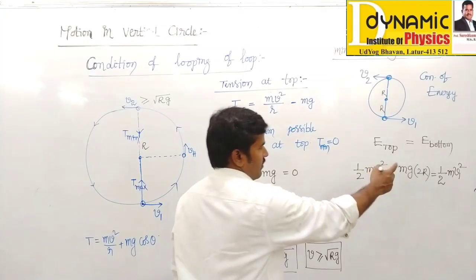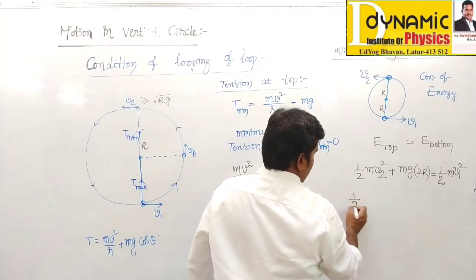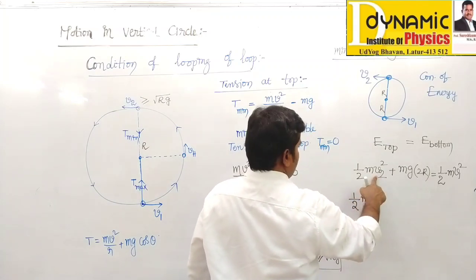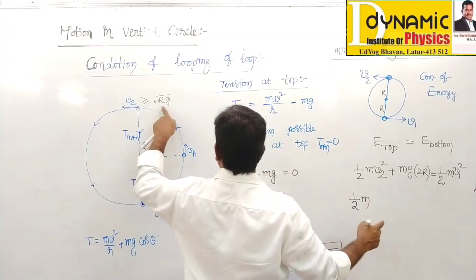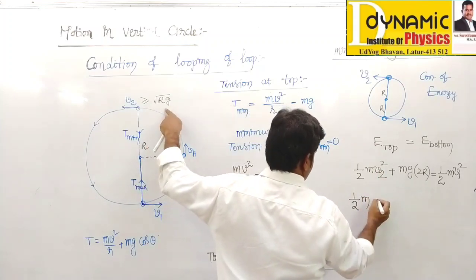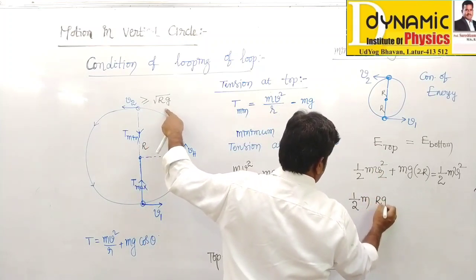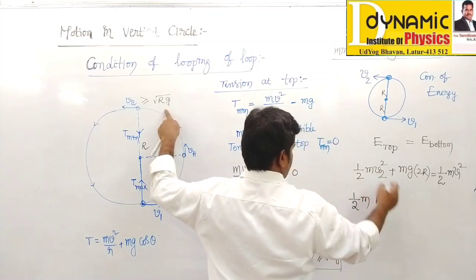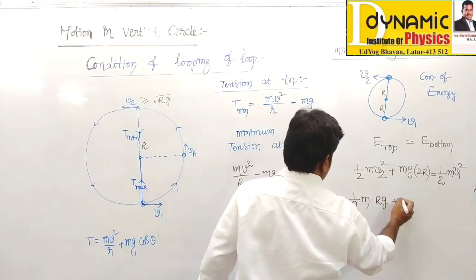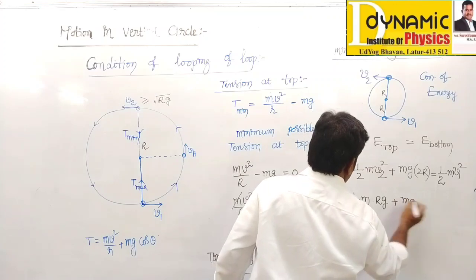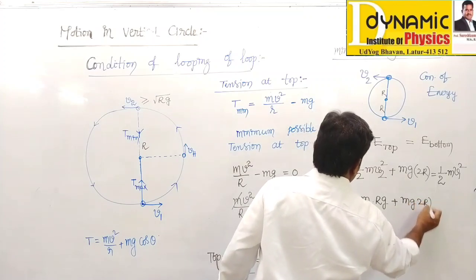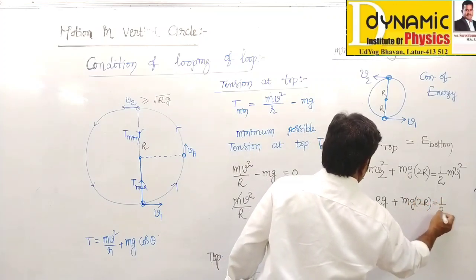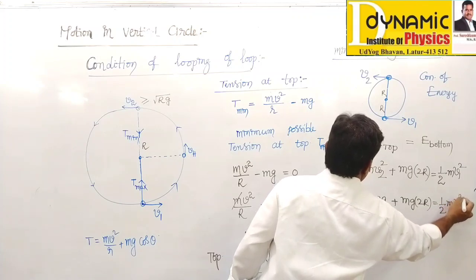You know that the minimum velocity v2 is root rg, so v2 square is rg. This plus mg into 2r equals half m into v1 square.